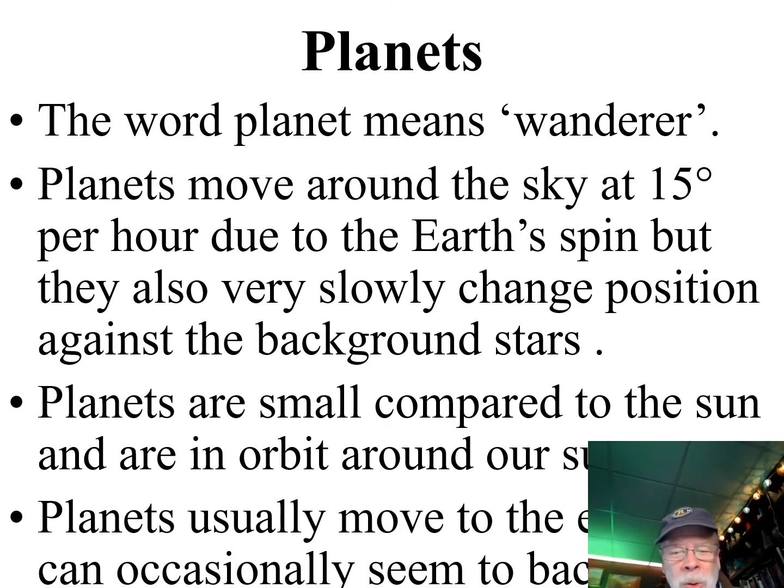Now, all planets appear to move every night a little bit further to the east in our sky. Every night a little further to the east. But when we pass them in our orbit, they can seem for a little while to be moving backwards. That's a really hard one to explain in the geocentric model, in the Earth-centered model.